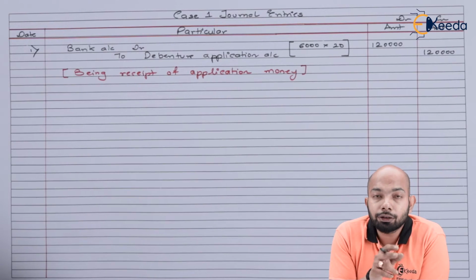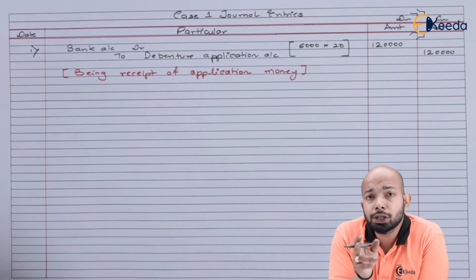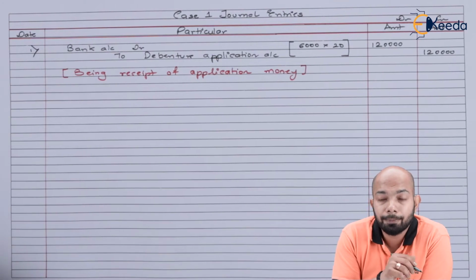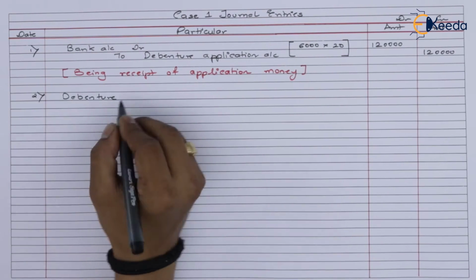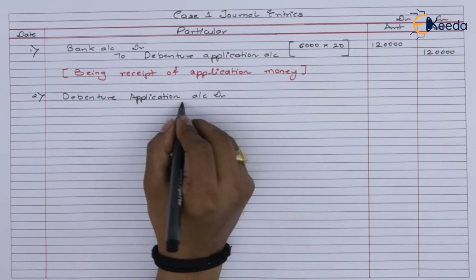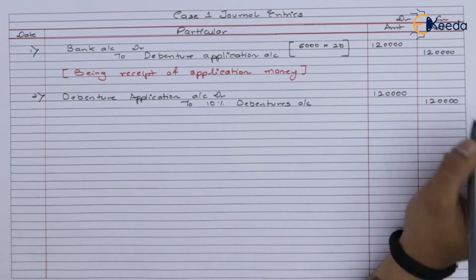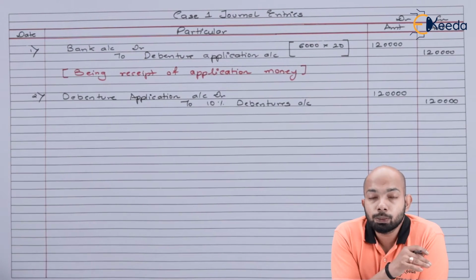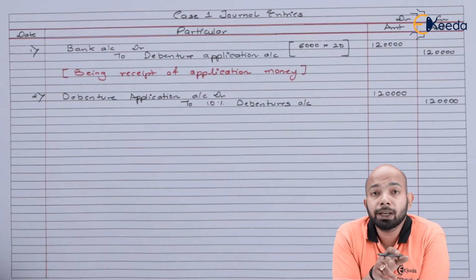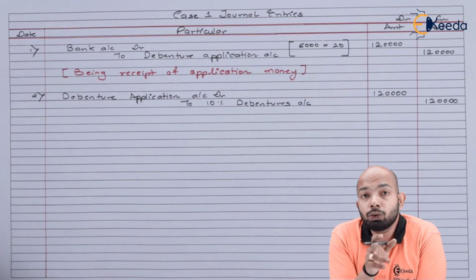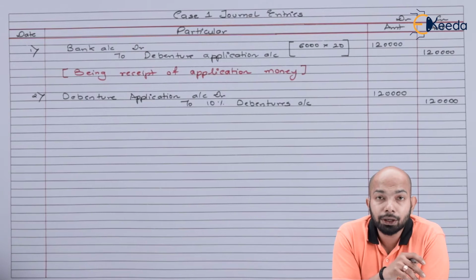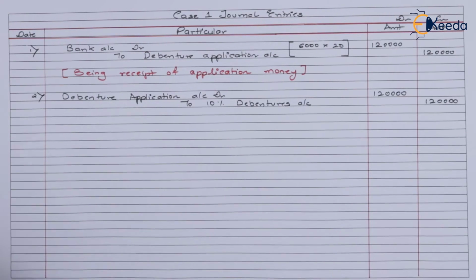The next entry will refer to the transfer of the debenture application to the debenture account. The entry has also been passed. That means debenture application account debit to 10% debenture capital.